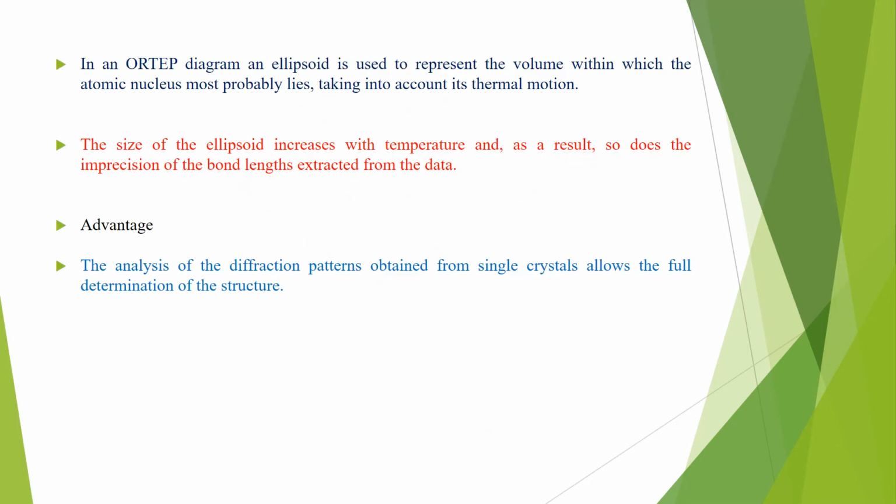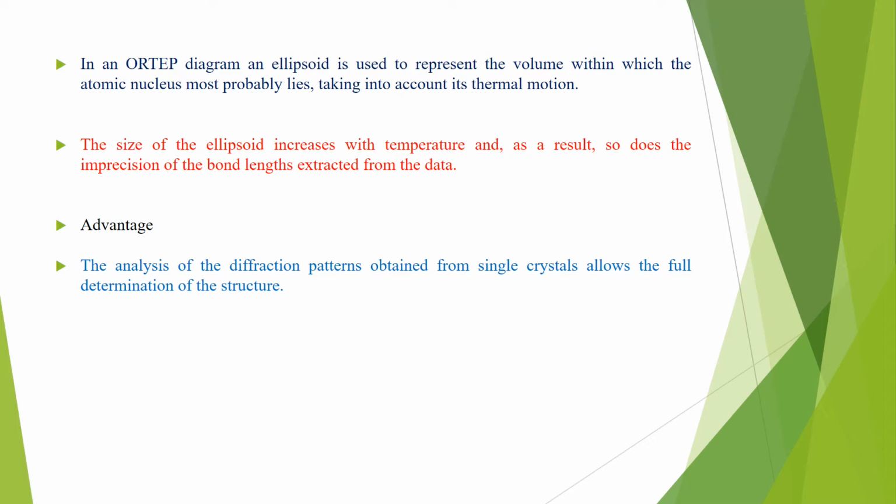In an ORTEP diagram, an ellipsoid is used to represent the volume within which the atomic nucleus most probably lies, taking into account its thermal motion.